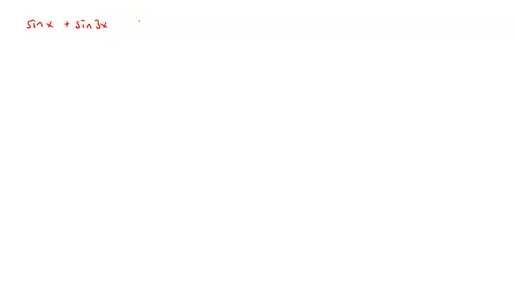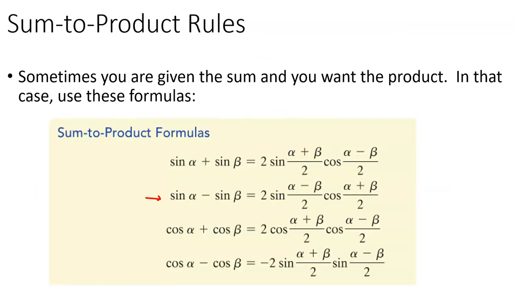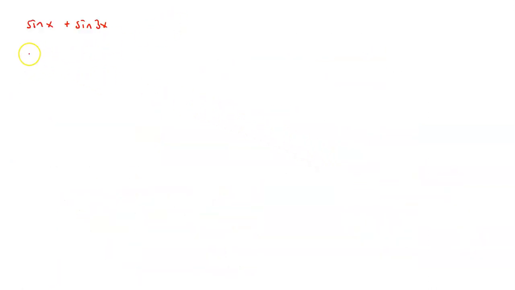What's the formula? It's a sum to product formula because I'm starting with a sine of x and a sine of 3x, so it's a form of sine plus sine. Sine plus sine is the one up on top. So it's 2 sine of alpha plus beta over 2 cosine of alpha minus beta over 2. So you've got a formula sheet. You can do 2 times the sine of x plus 3x over 2 cosine of x minus 3x over 2.